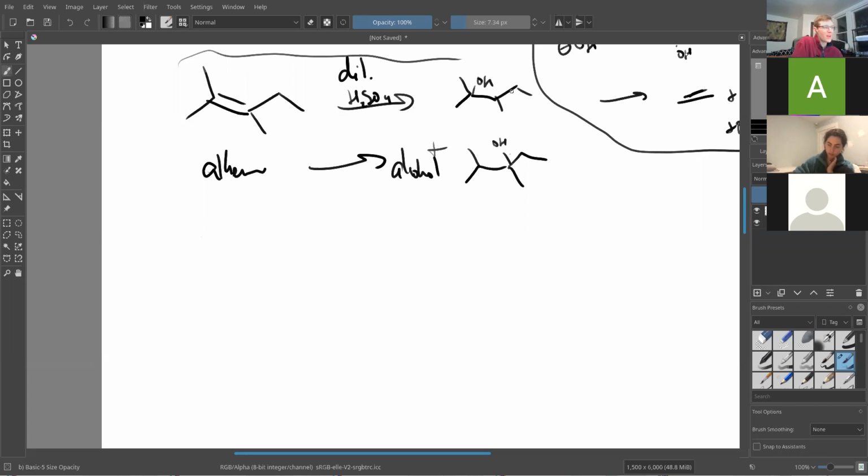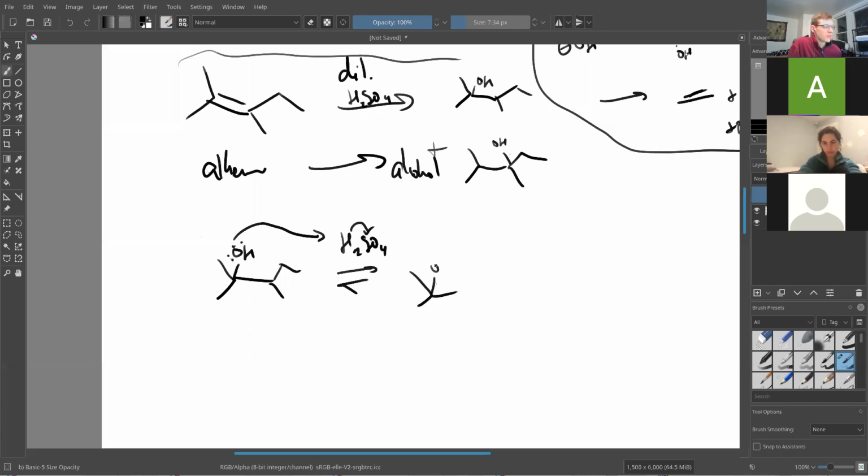So for example, I know that this is the product, so I can just lean on the E1 mechanism. This is what we know we can have. And if we have H2SO4, one of these electron pairs is going to pull a hydrogen off of here, which is to say this gets protonated.